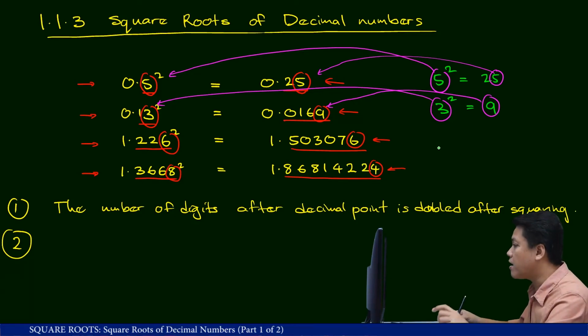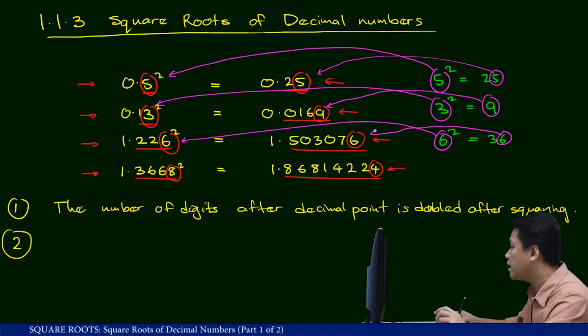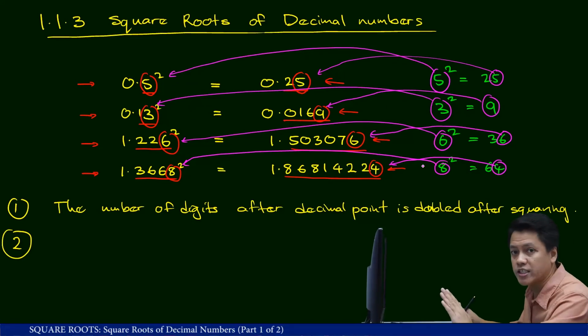The last digit of the left hand side is 6, and 6 squared is 36. And the last digits again are consistent. And on the fourth line, 8. 8 squared is 64. Again, observe the last digit. They are again consistent.